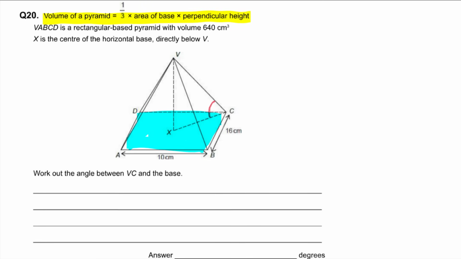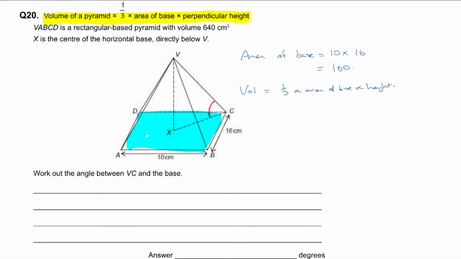Okay, so area of base, that's going to be 10 times 16. That's 160. Okay, and then we know that the volume is 1/3 of area of base, which we just found, times the perpendicular height.